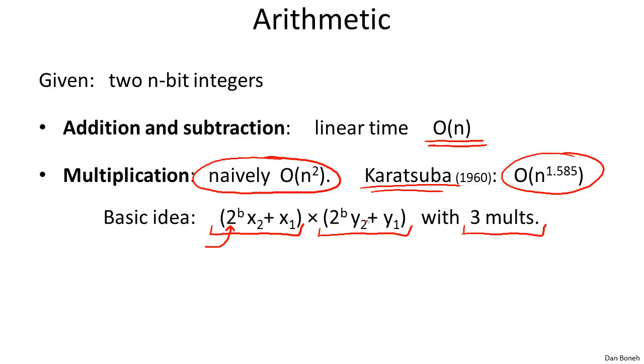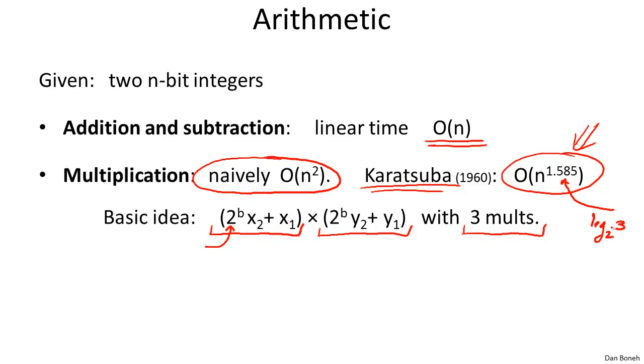Since the big multiplication of x times y only takes 3 little multiplications, you can now recursively apply exactly the same procedure to multiplying x2 by y2 and x2 by y1 and so on. You get this recursive algorithm, and if you do the recursive analysis, you'll see that you get a running time of n to the 1.585. This number, 1.585, is basically log of 3 base 2.